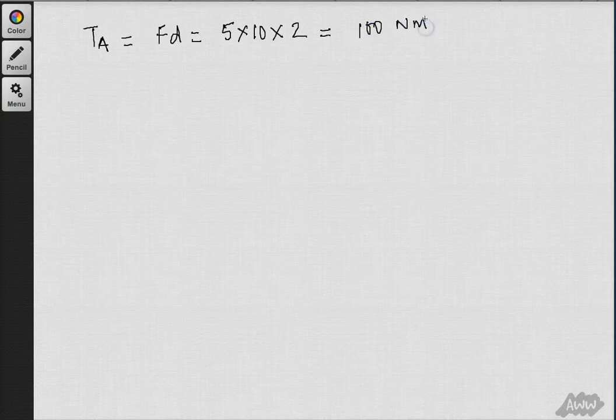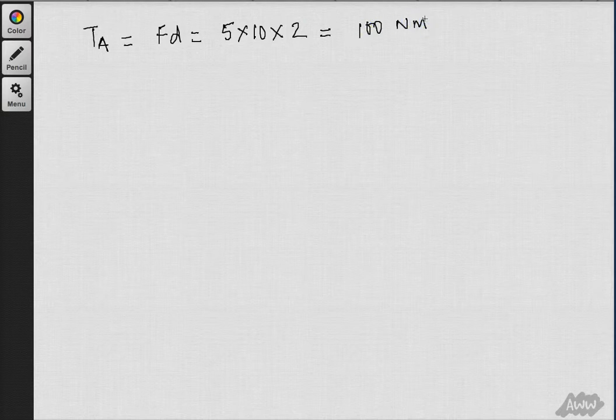Let's calculate the turning moment anti-clockwise, and that's going to be equal to force times distance. Force is equal to normal force, which is equal to weight, which is equal to mg. So that's m is 5, g is 10, and the distance is 2 meters. Okay, and the anti-clockwise moment, therefore, is 100 Newton meter.